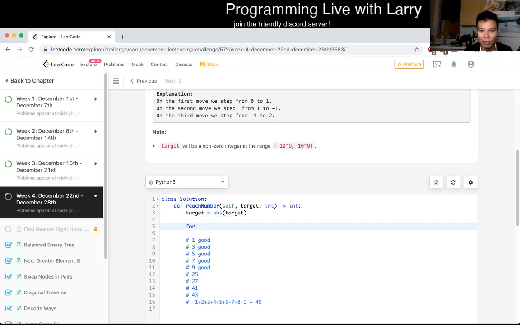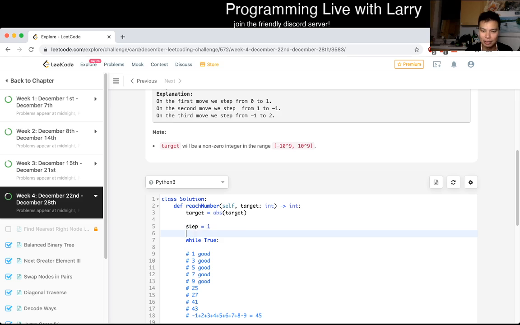So then now for step, let's just go while true, because we know that it's going to run in square root of target time. So step is equal to 1, total is equal to 0.